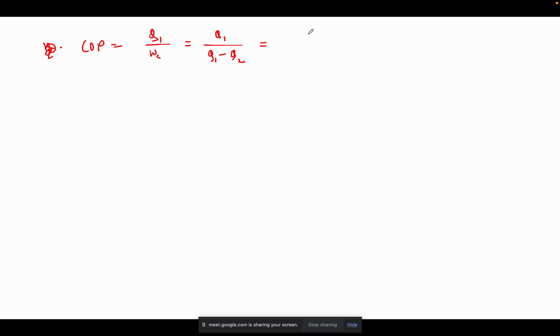And then again this is Q1 by Q2 divided by Q1 by Q2 minus 1. Now for a reversible Carnot cycle, this Q1 by Q2 is basically T1 by T2. So it is T1 by T2 minus 1, and this was what? T1 by T1 minus T2.